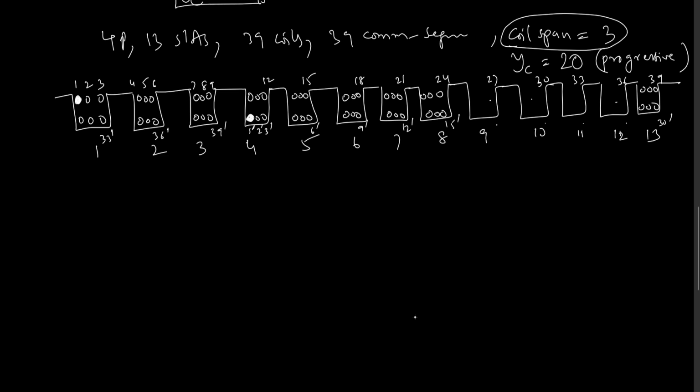Okay, so if you draw the layout diagram, we will be having coils in each slot like this. It would be very difficult to draw with an example having so many coils.